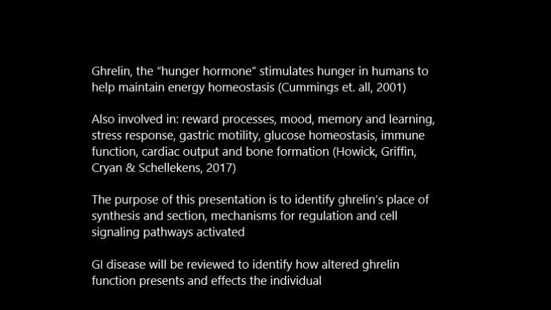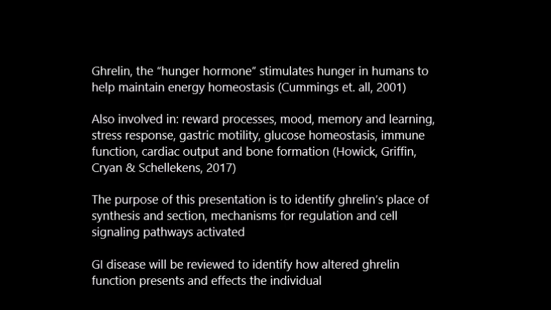It's also involved in numerous other functions, including the reward process, mood, memory and learning, stress response, gastric motility, glucose homeostasis, immune function, cardiac output, and bone formation. In this presentation, I'll be identifying its place of synthesis and secretion, the mechanisms for regulation, and its cell signaling pathways that are activated.